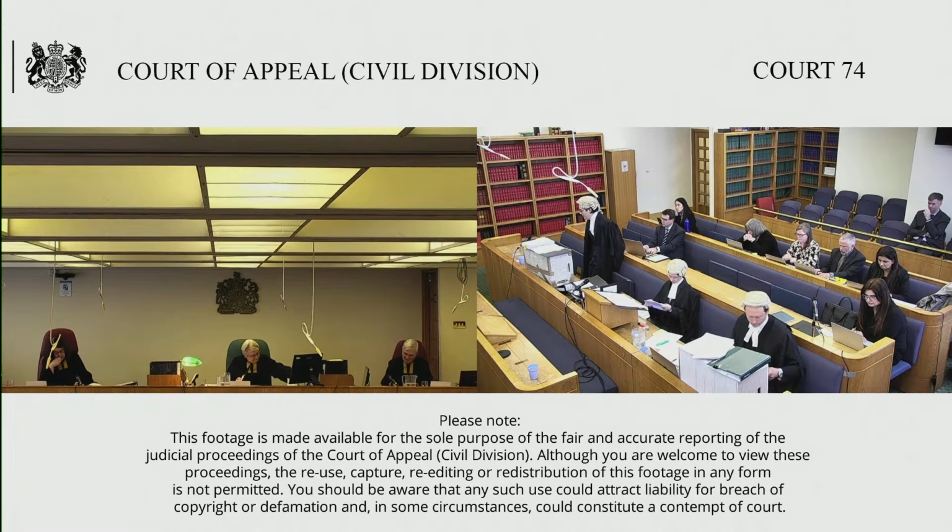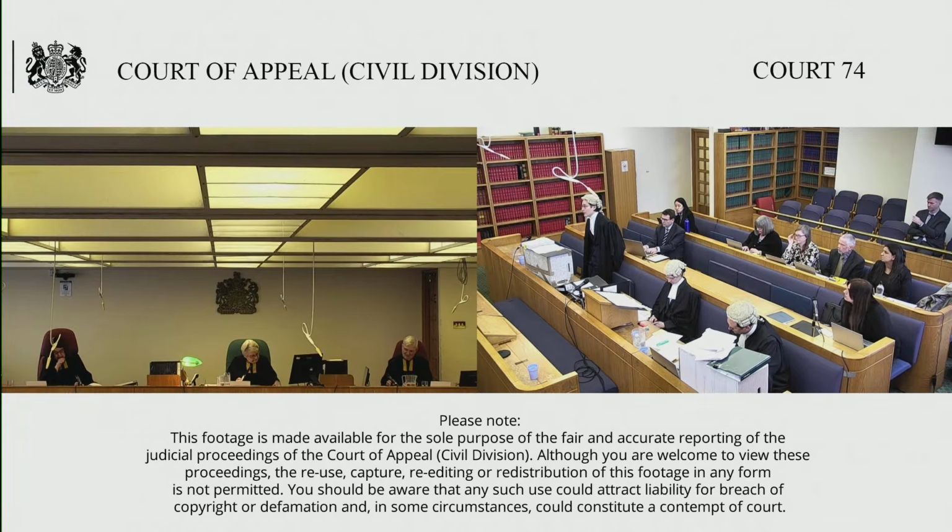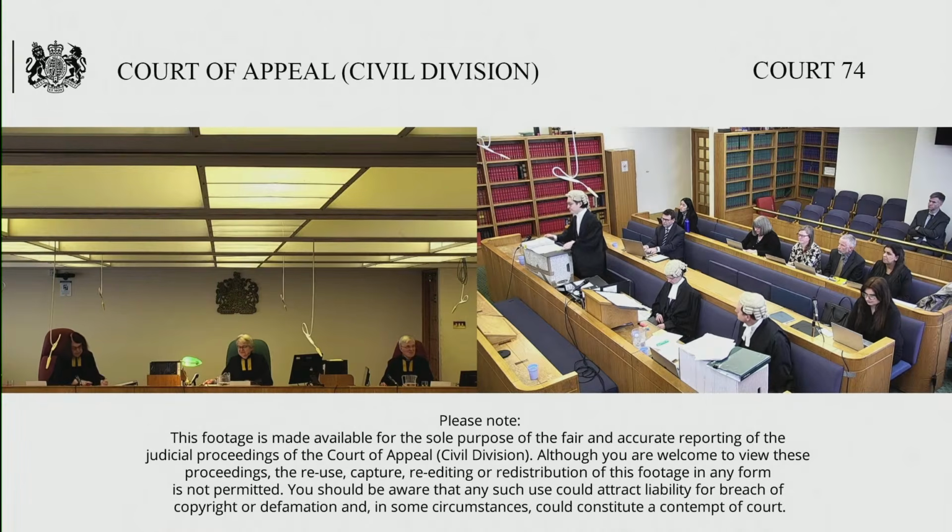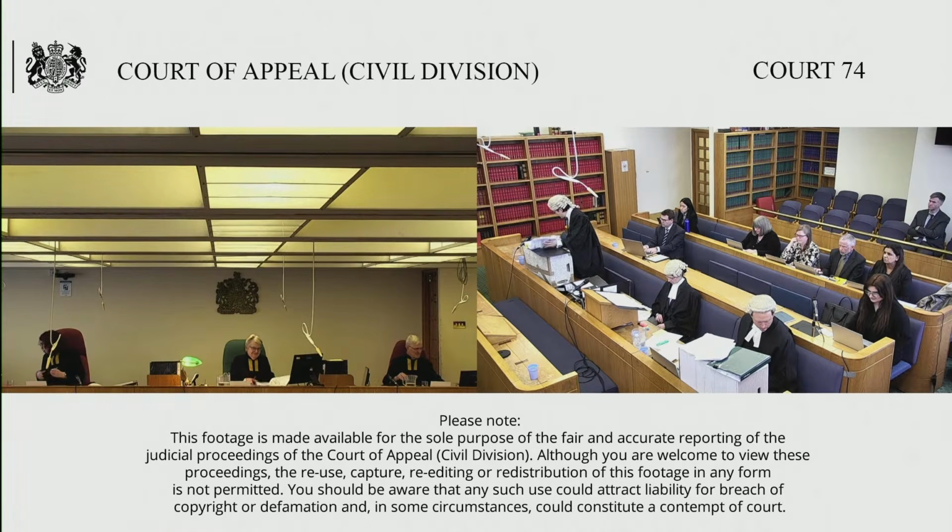I think I'm just going to take the court to the relevant passage of the Revenue's Inheritance Tax Manual, just because I think it expresses the point most simply. Should I do that now or... I think if you just do that, and then we'll break. Yes. Sorry, let me find the tab.